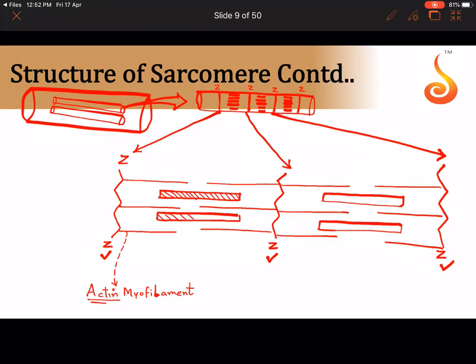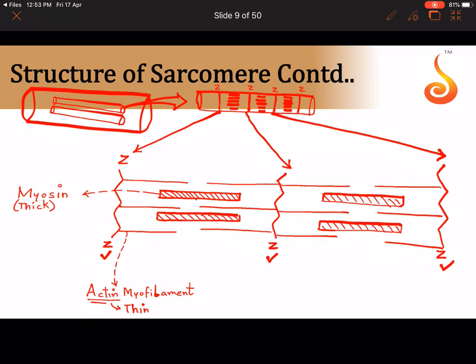They're made up of a protein that is referred to as myosin. Alright, so let us label this as the myosin filaments. I'm going to label it this side. So this is the myosin myofilament, or simply the myosin filaments. Aren't the myosin filaments very thick? So we can call them thick filaments, and the actin filaments are thin, so we can call them thin filaments.